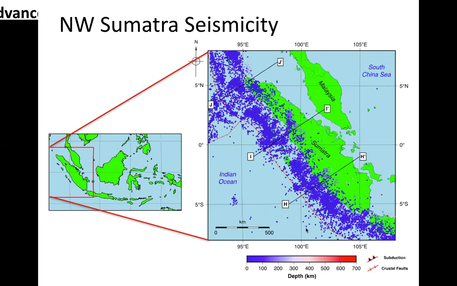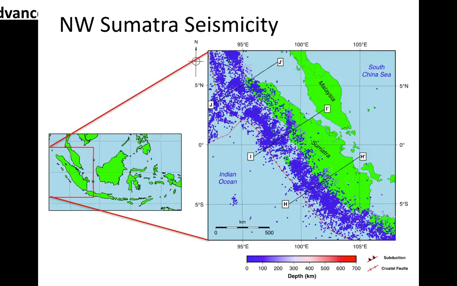So in this area, once again, the Indo-Australian plate is converging to the north-northeast with the Sunda plate. The farther we move to the northwest along the subduction zone, the more oblique the motion becomes, with a considerable dextral strike slip component being accommodated by the Great Sumatran Fault, which runs the approximate length of Sumatra, not shown here.